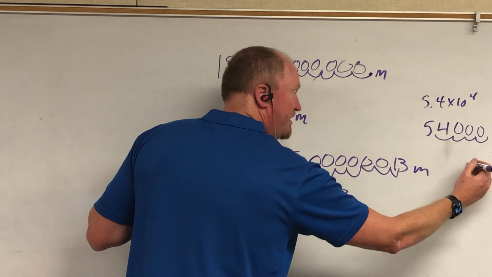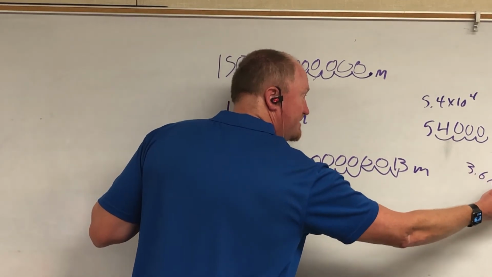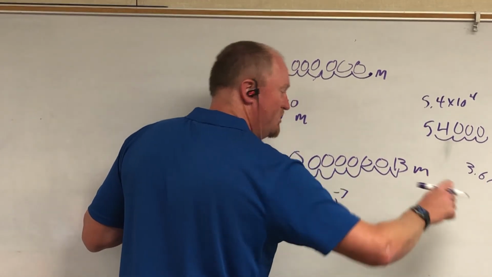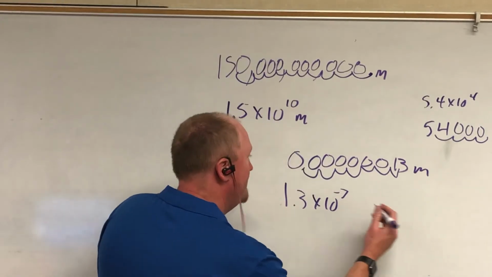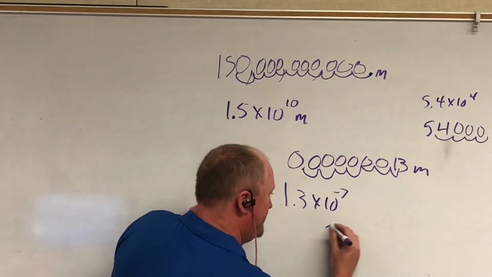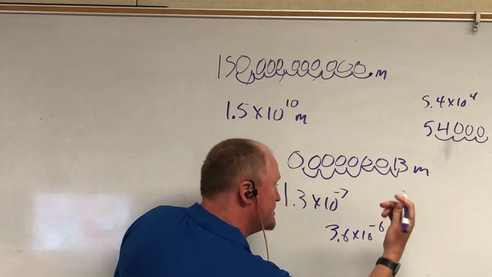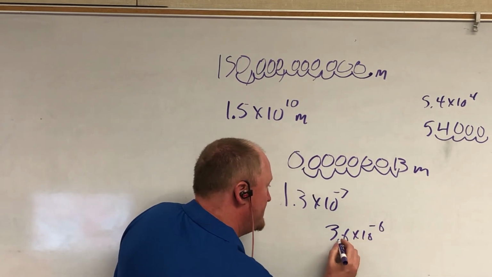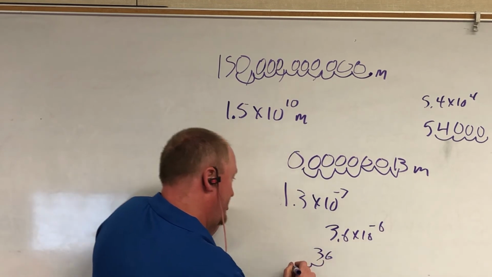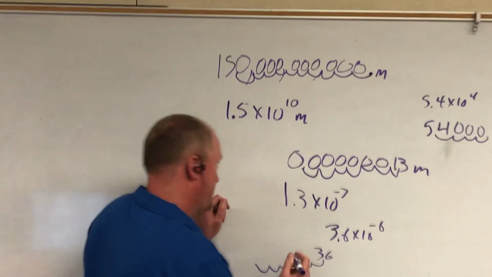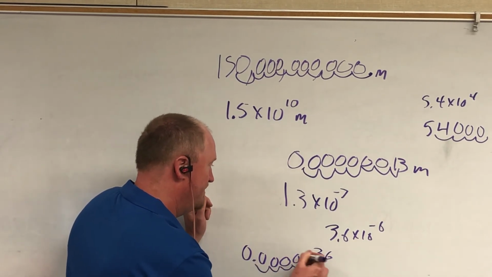And if I have 3.6 times 10 to the negative 6, well, I would just move the decimal point the other way. 3, 6, and go 1, 2, 3, 4, 5, 6. And there's your decimal, so fill the zeros in.